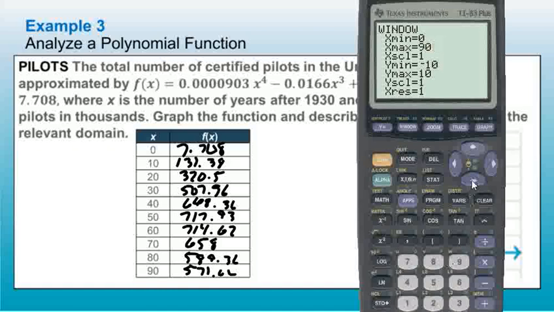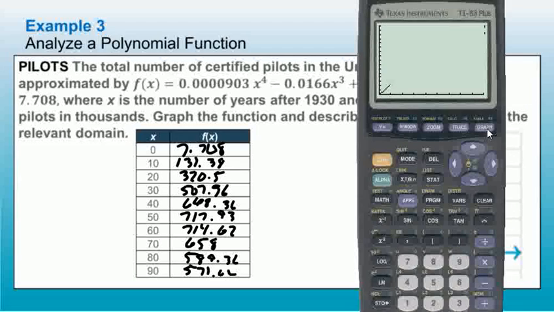We'll count by tens. Y minimum would be 0 all the way to, let's do 800. Count by 100s. Actually, let's count by 50s. That might make it a little bit easier. Now if we hit graph, there's the relevant parts that we would be looking at.